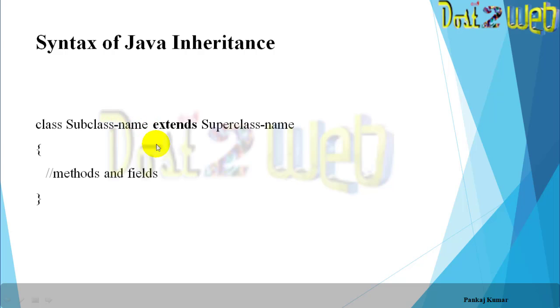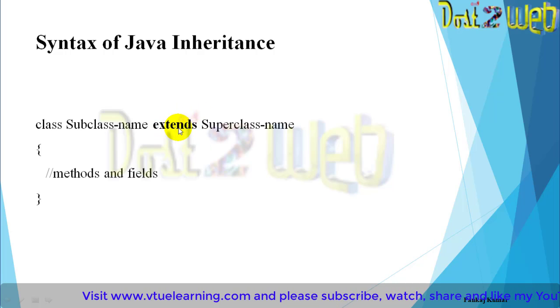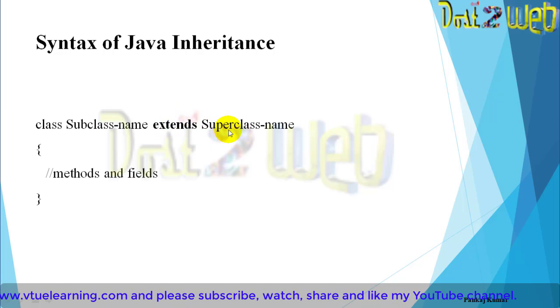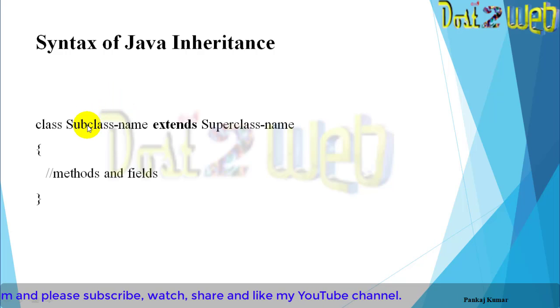It's similar to how earlier we declared a class, simply class name and the methods and fields. But here, because we are going to acquire the properties of one class into another class, you write extends. Extends is the keyword defined in Java. So you use the extends keyword and you can inherit the properties into the subclass. So that is the syntax.